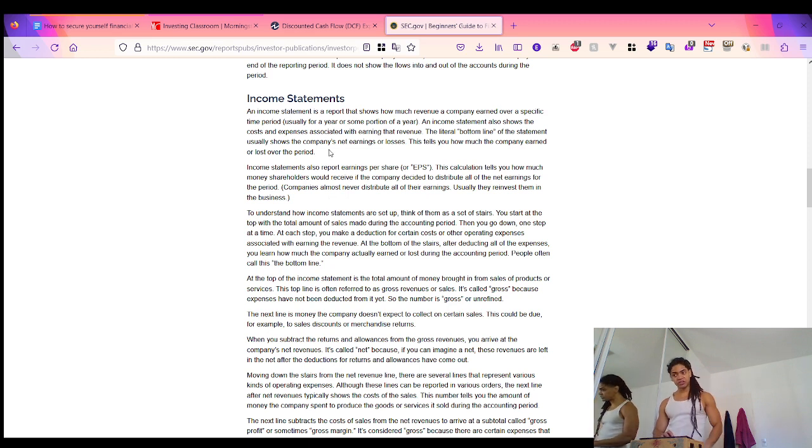But it's important to understand these two things, right? An income statement shows you how much revenue a company made and the costs and expenses associated with earning that revenue.